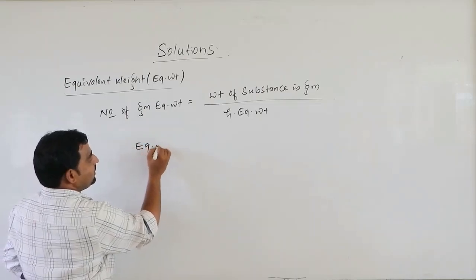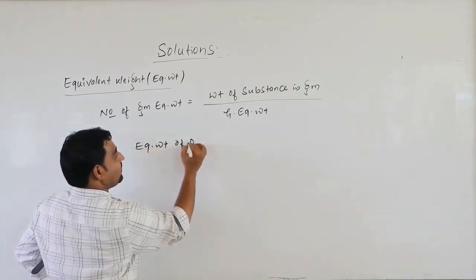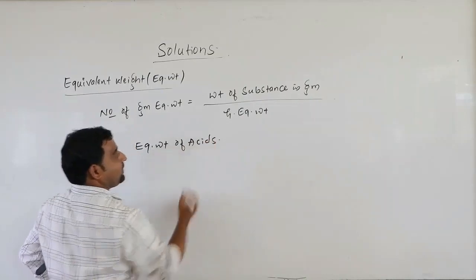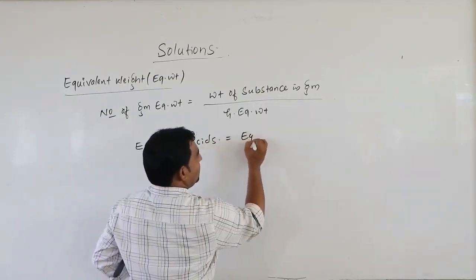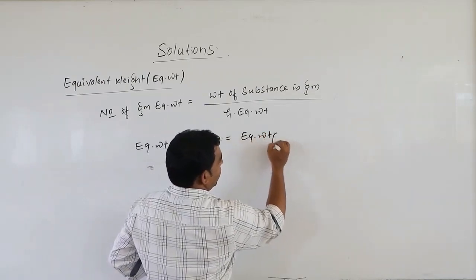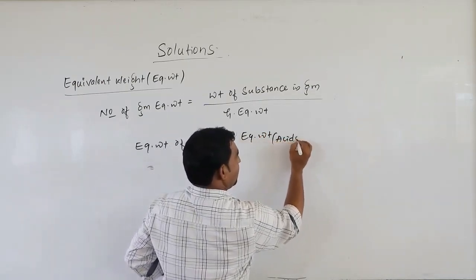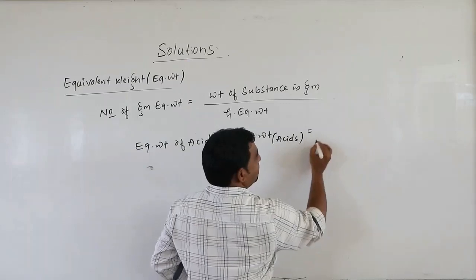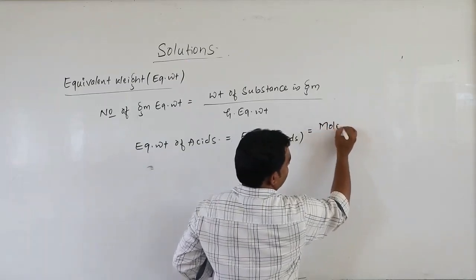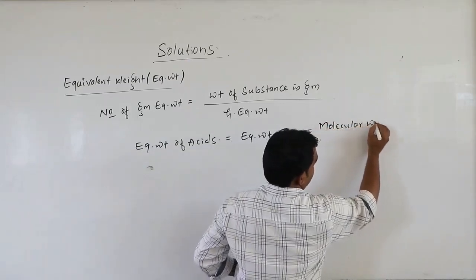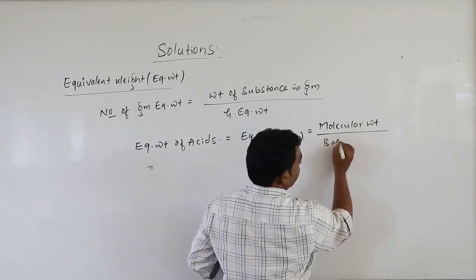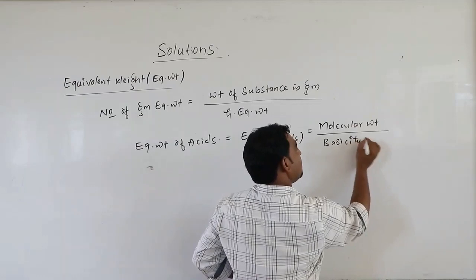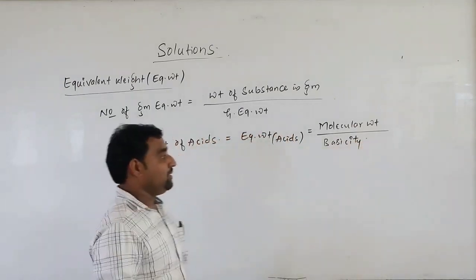Now how to calculate the equivalent weight? So the equivalent weight of acid is equal to molecular weight divided by basicity.